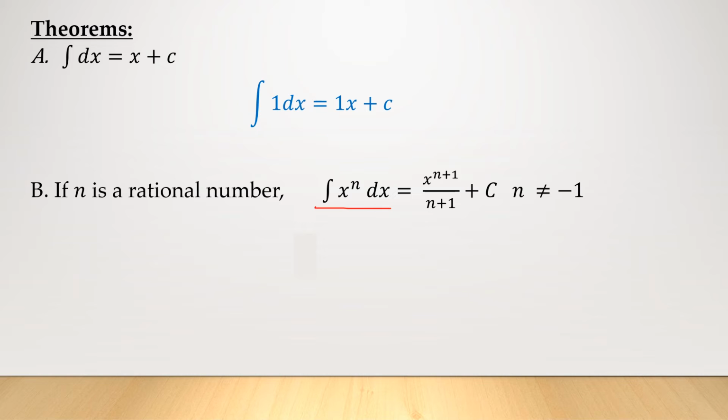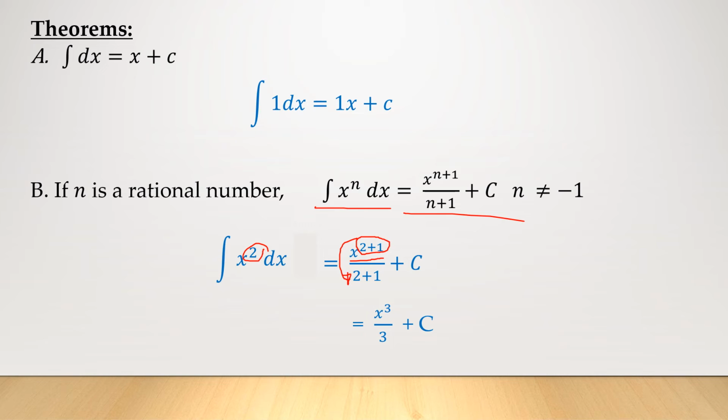Okay, then plus c. For example, let's say we will get the integral of x squared dx. So, the answer is, again, yung exponent natin, we will add 1. And then sa baba, whatever yung nandito, yun ang ilalagay din natin dito sa baba.